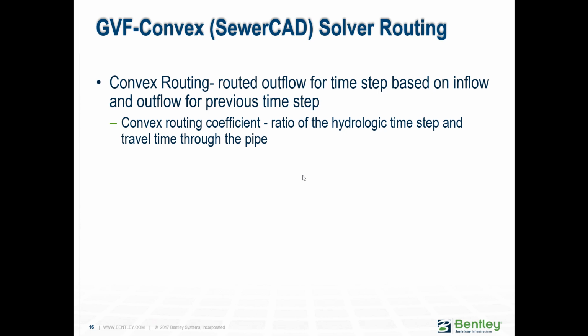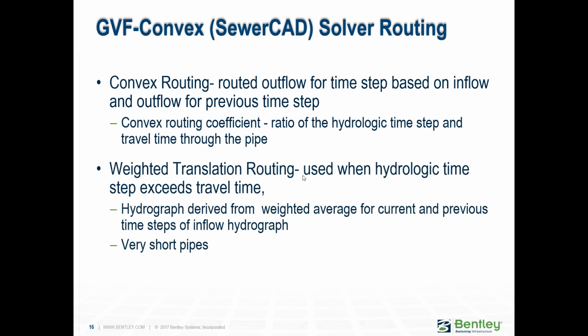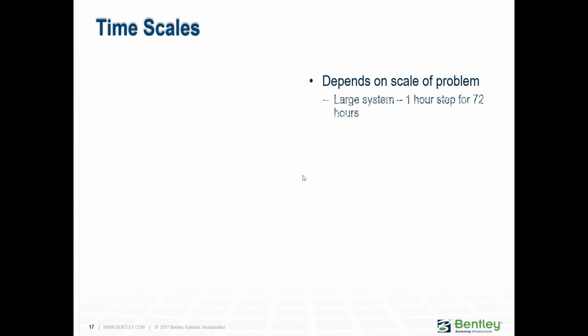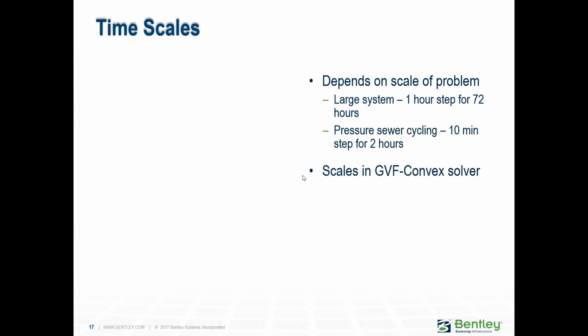Okay, so the way this works mathematically is we solve the first time step, and then the results become the new initial conditions for the second time step. We run it, get the results. Those results become the initial settings for the third time step, and so on. Okay, so what is the time scale?